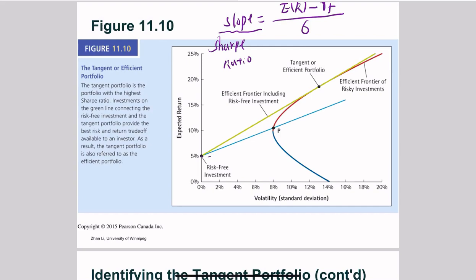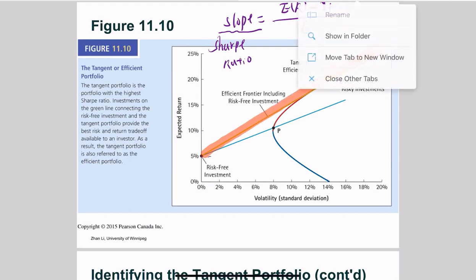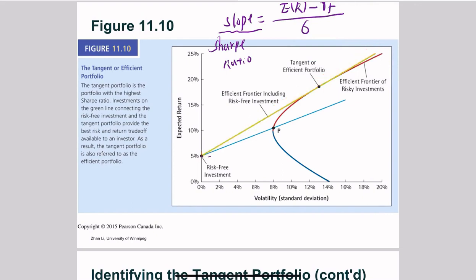The actual efficient frontier is given by this yellow-green line, right? This line is the efficient frontier. That's the first result we can get.